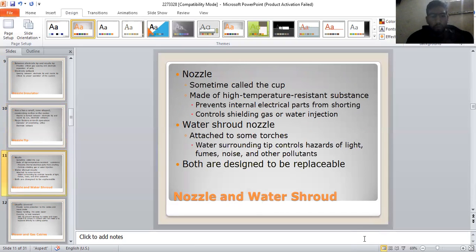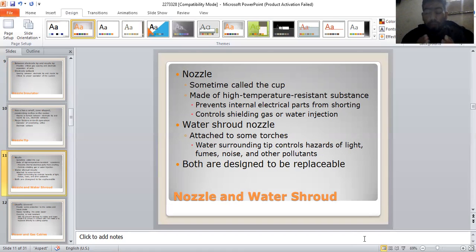The next thing is the nozzle and water shield. The nozzle is sometimes also called a cup. It is made of a high temperature resistant substance because plasma has to come out from this nozzle, so it has the capacity to bear that temperature. The plasma has a very high temperature, so it prevents internal electrical parts from shorting.